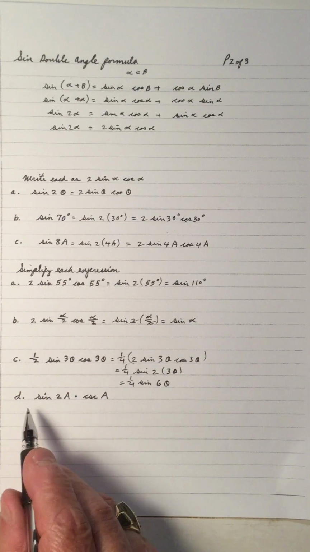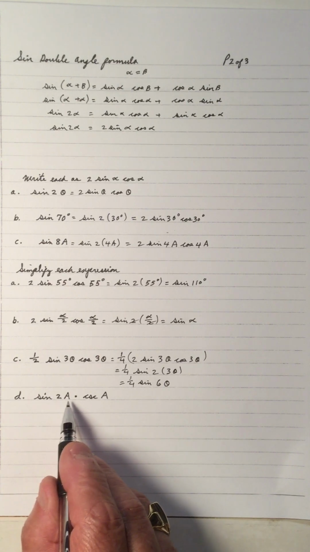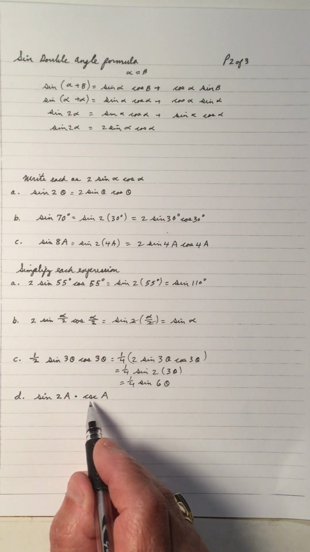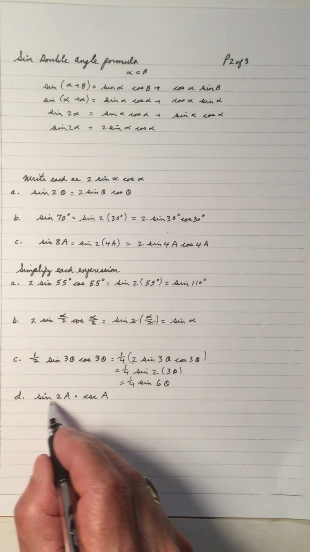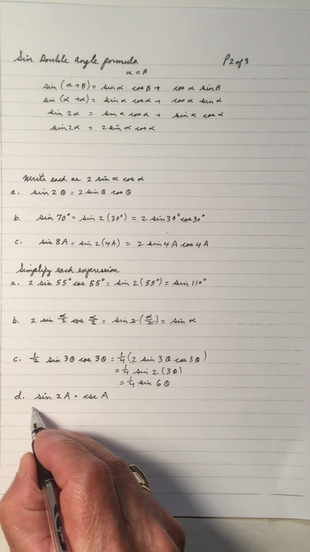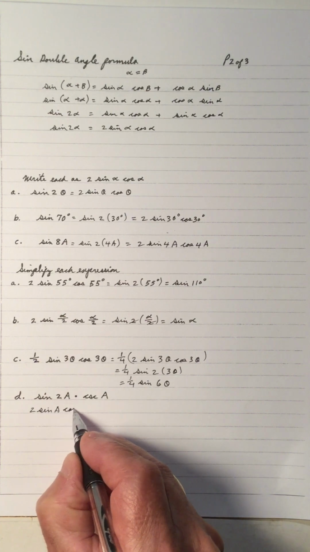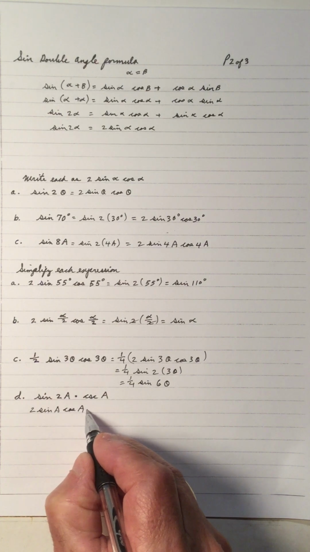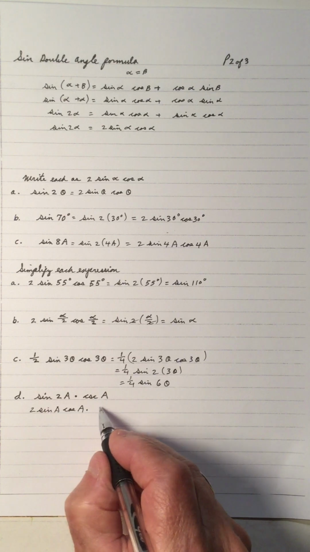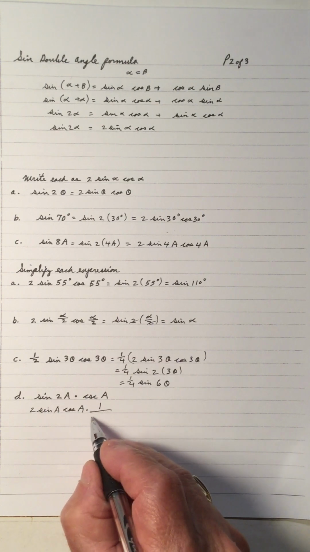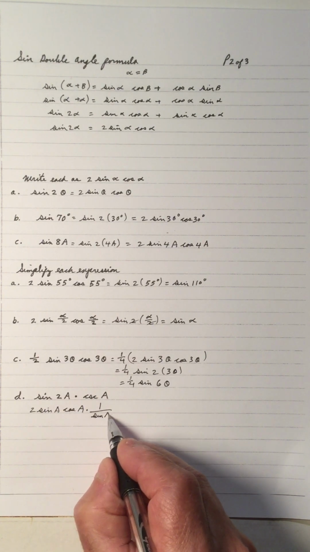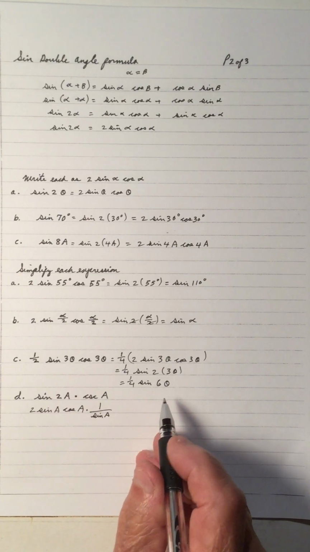A tiny bit different here. What about simplifying? We have the sine of 2a times the cosecant of a. The sine of 2a is 2 sine a cos a. And cosecant is the reciprocal of sine, so that's 1 over the sine of a.